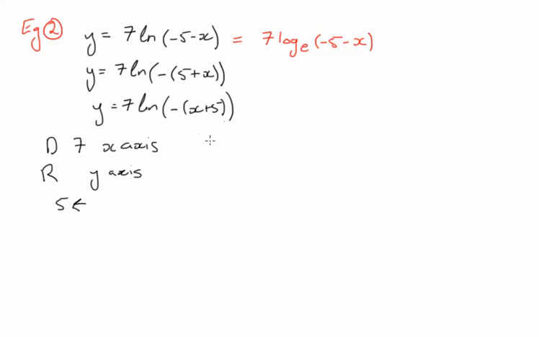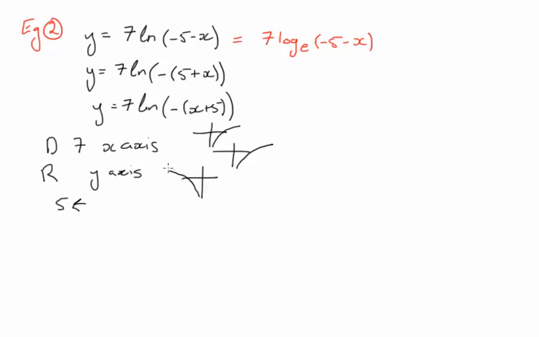Let's do our mini graphs. Well, the natural log graph is the inverse function of the exponential graph, so it's going to be something like that. Dilation by a factor of 7 from the x-axis is going to do that, so the x-intercept is going to be more to the right. We have a reflection in the y-axis.